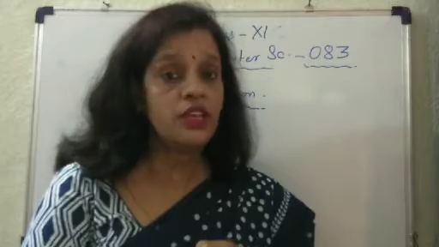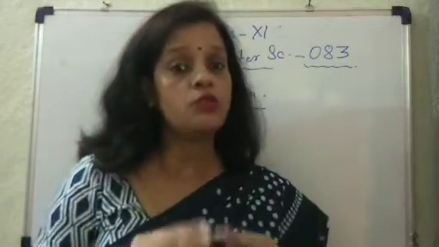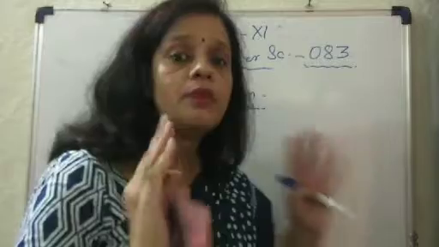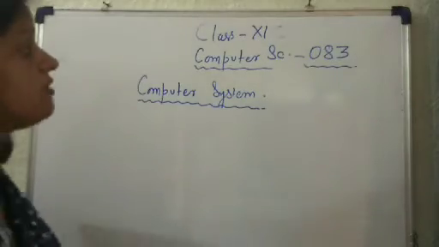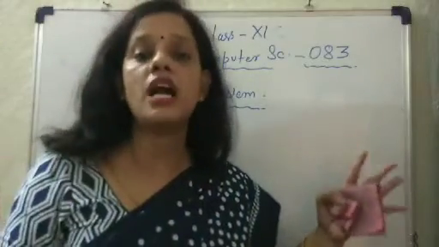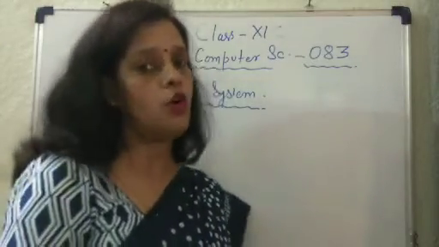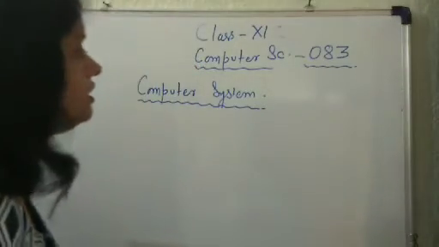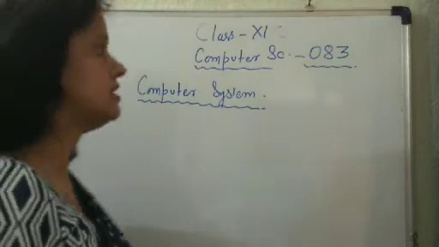Different organs are involved to form a system. The same concept is here in the computer system: it has different parts, and the way the different parts are organized is called the computer organization.